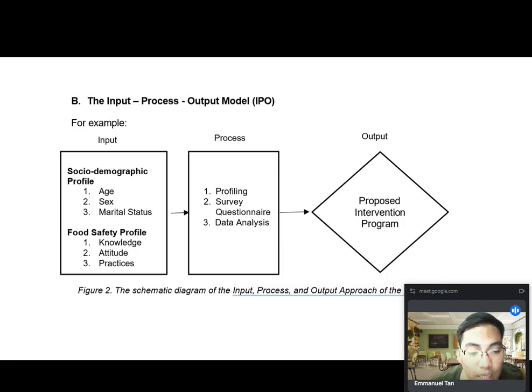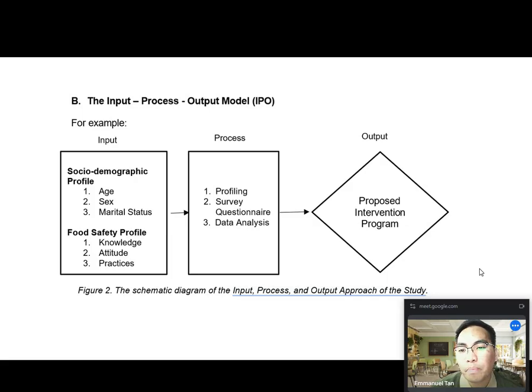So, doon po sa input, social demographic profile, may kinalaman itong mga demographic profile nito. Example, the age, the sex, and the marital status. Okay? At plus another variable, which is food safety profile. Ano yung knowledge ng mga respondents at ng attitude and then ng practices.